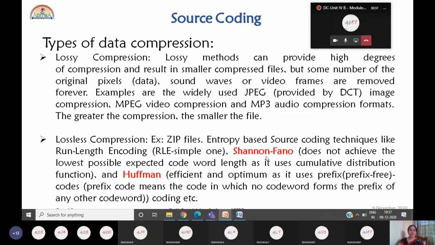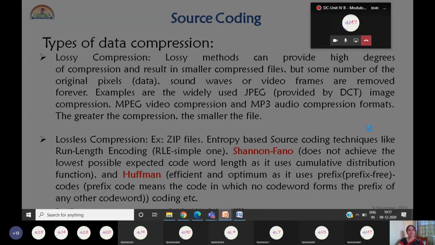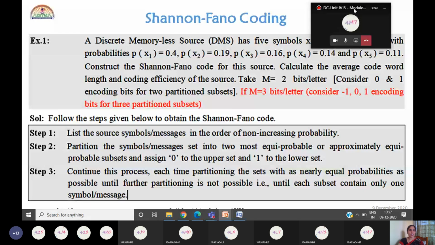Anyhow, this is the introduction. We can go directly into the Shannon Fano and Huffman coding methods. I think I have already started this. I will directly tell you the steps to follow while calculating the efficiency in the Shannon Fano encoding process, using an example.